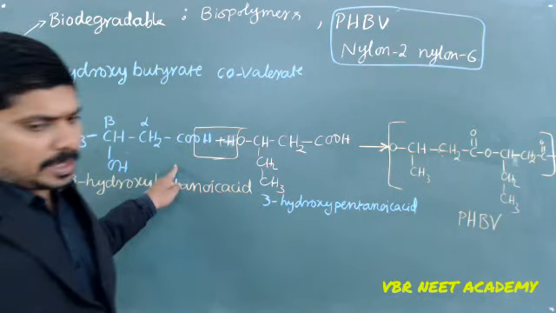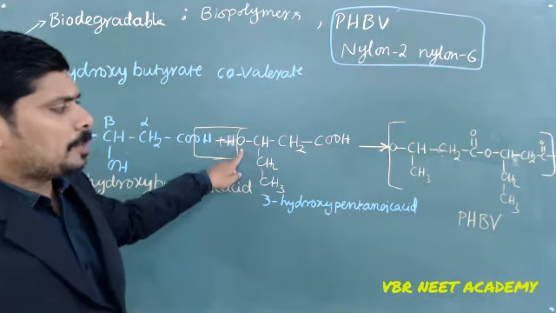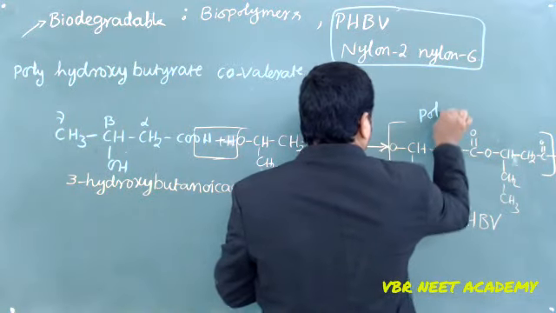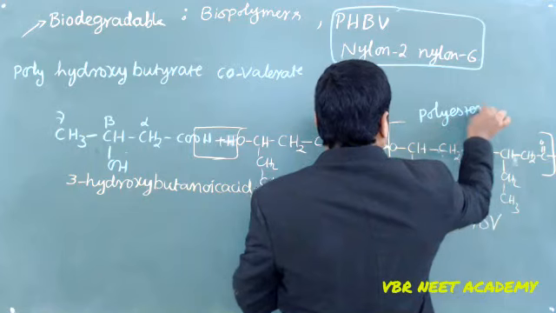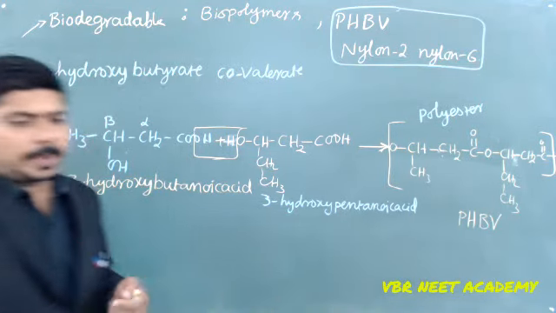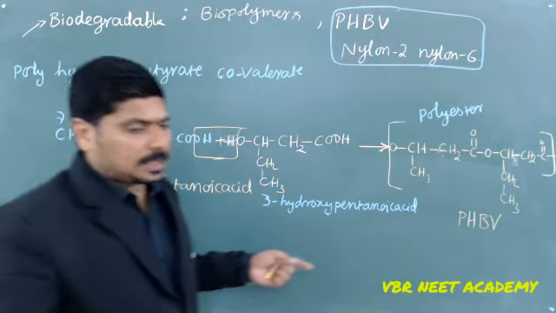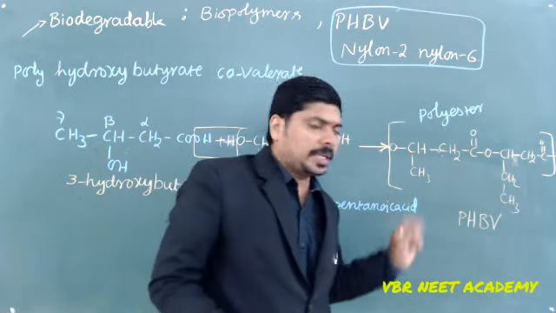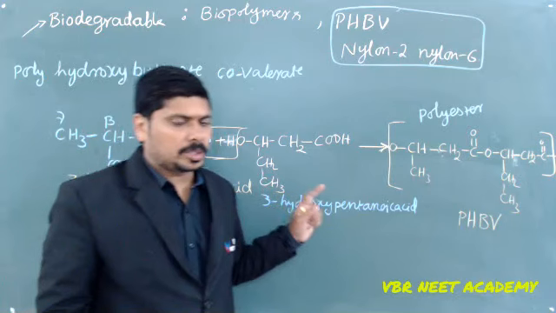When these two react they form a polyester. The ester is repeated so many times that it is called polyester, so I get the polymer name PHBV, polyhydroxy butyrate covalerate.